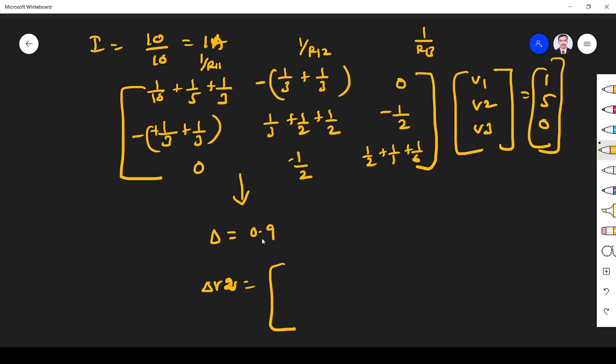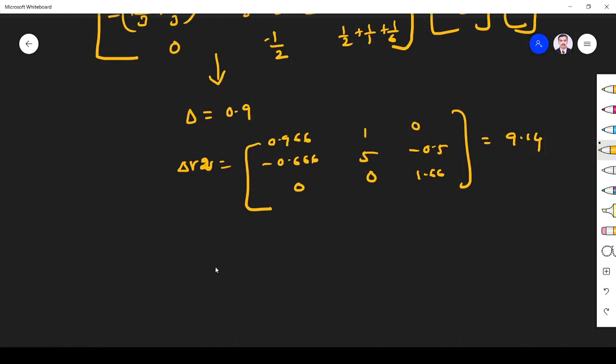If I simplify, it will become 0.966, minus 0.660. Instead of second column I replace with 1, 5, 0. This will be simplified as minus 0.5, 1.6. So del V2 is 9.14. So what I want?